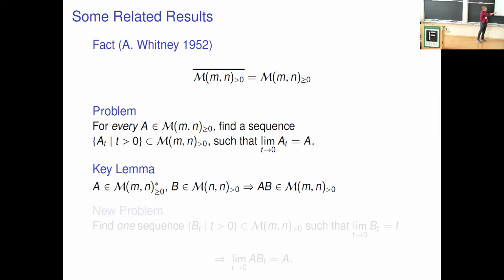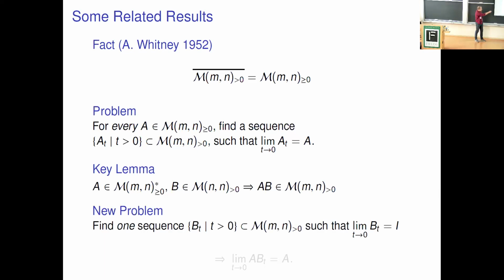The proof is not super hard. It's just an application of the Cauchy-Binet theorem. The determinant of the product is a sum of products of the determinants of the minors of the factors. Of course, if the factors are non-negative and positive, you can expect the total thing to be positive as well. This is very nice because, as long as A is full rank, you don't need to find a new sequence for each non-negative matrix.